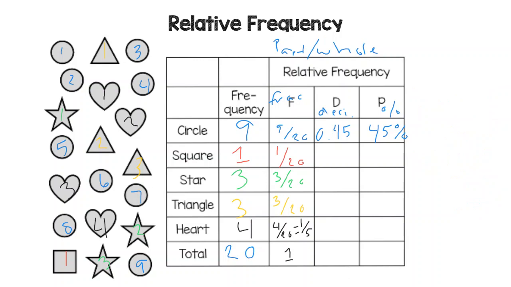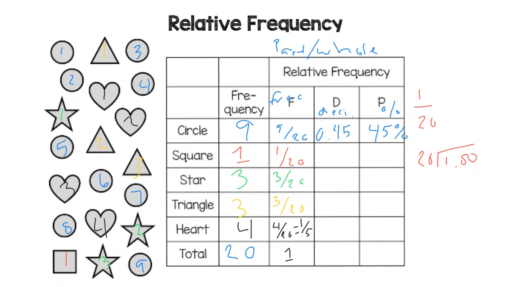All right, we're going to move on to the next one. We're going to find what 1 over 20 is as a decimal. We're going to do the same thing. We're going to put 20 on the outside and 1.0 on the inside.